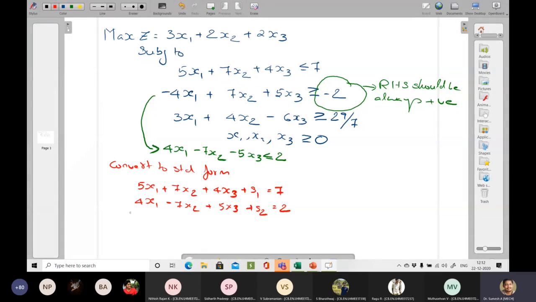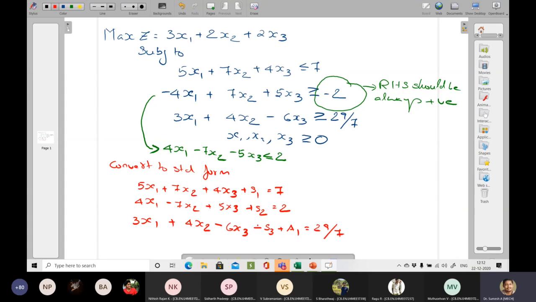Third constraint: 3x1 plus 4x2 minus 6x3 minus s3 plus a1 equals 29 by 7.